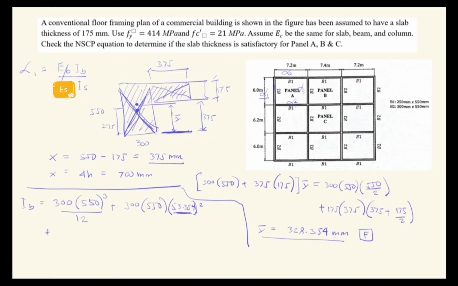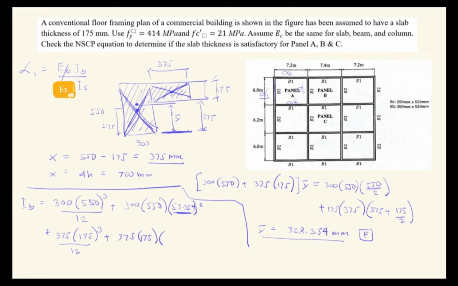So plus, we now consider this cross section. So that is 375 multiplied by 175 cube divided by 12 plus 375 by 175 multiplied by the distance of this centroid of the cross section to the centroid of the whole cross section.